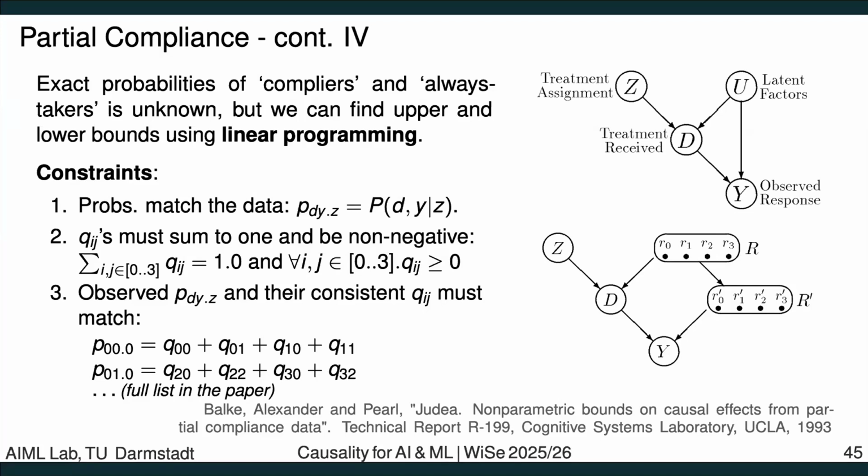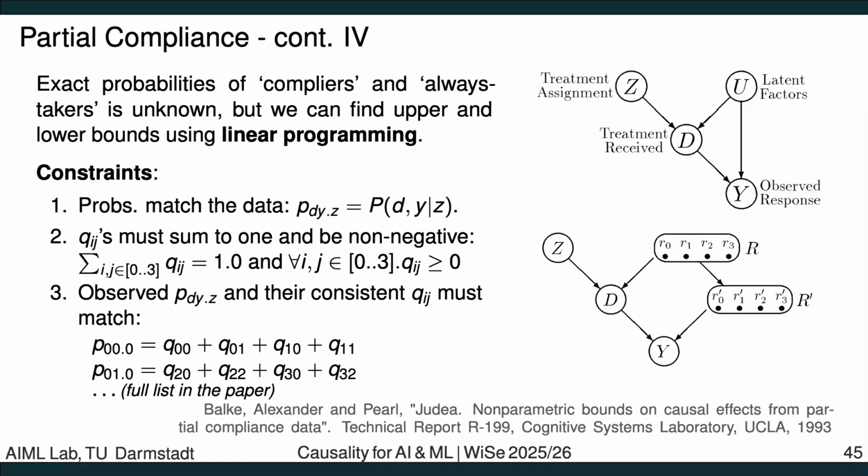So if a patient is not assigned a treatment, does not take the treatment, and does not recover, then we have 4 different terms of these latent factors that could explain this observation, this sample. And that we do for all possible combinations. So if we don't assign a treatment, but we observe the patient taking the treatment, but then not recovering, this is captured in the second one, and so on.